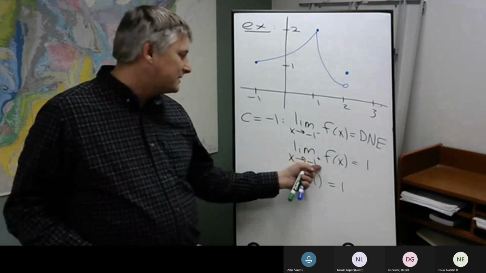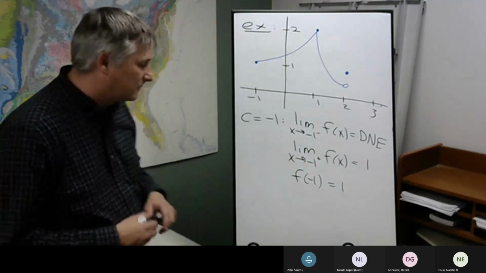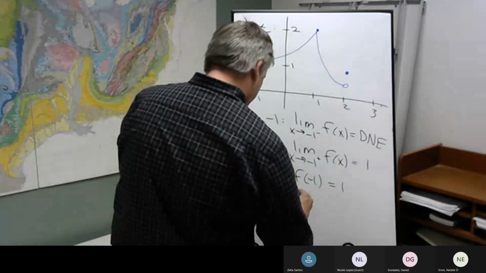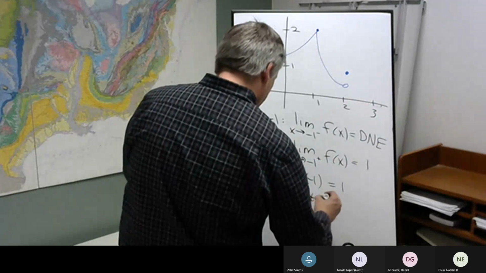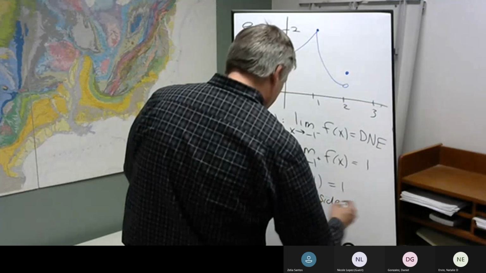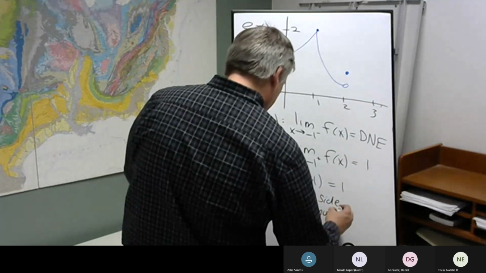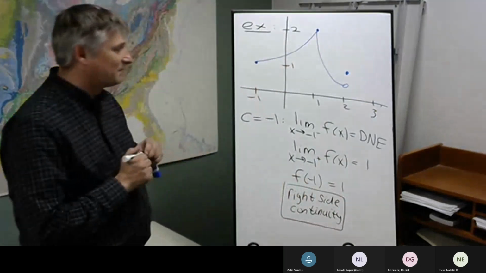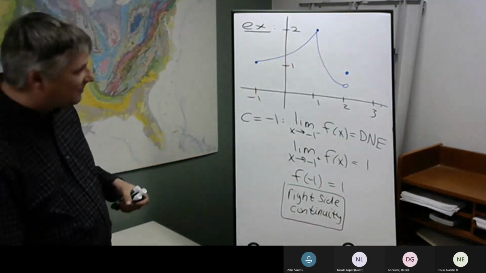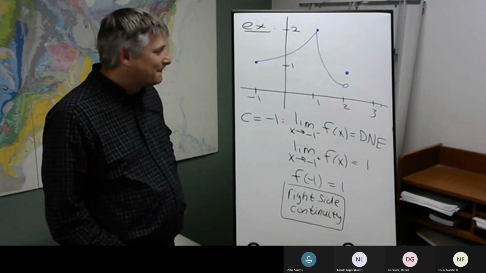So because the right side limit equals f of x, or f of c, we have right side continuity. Questions about that?